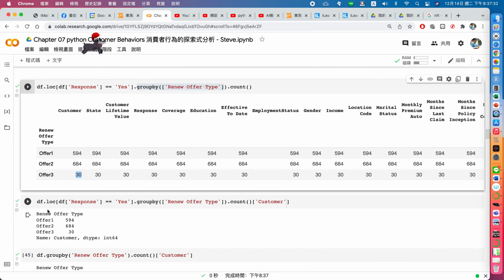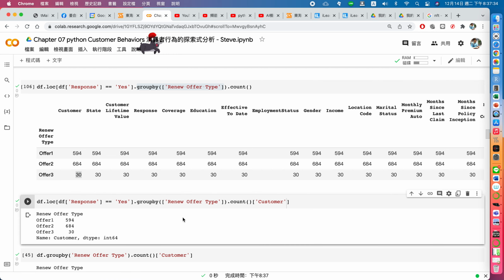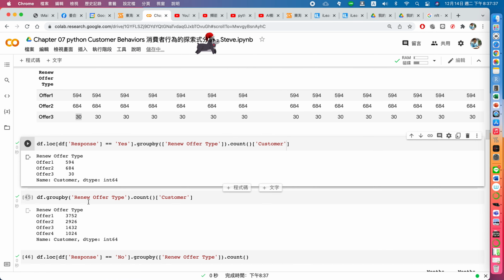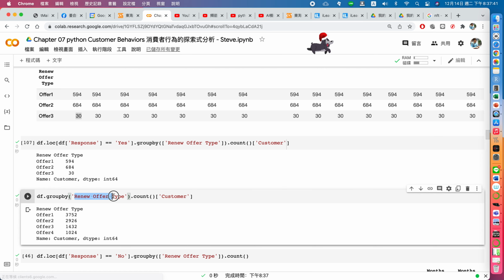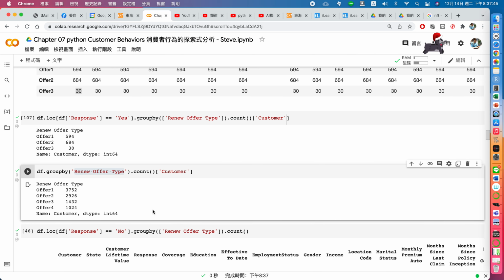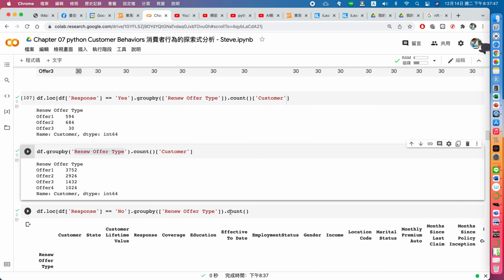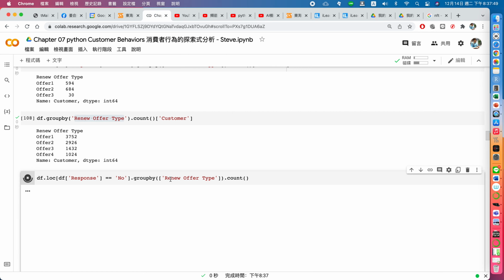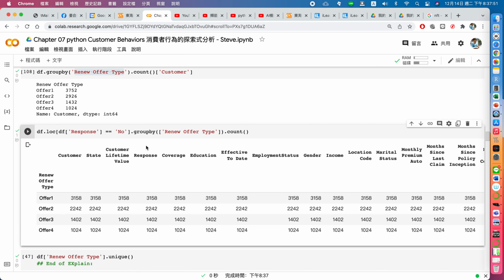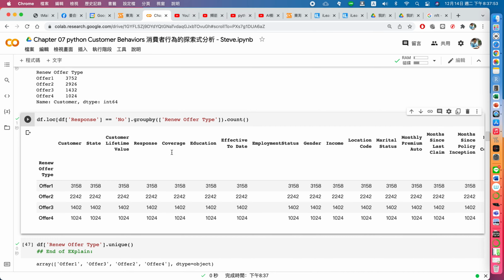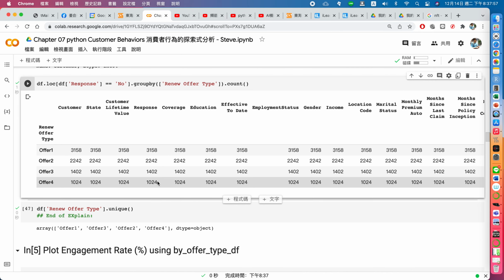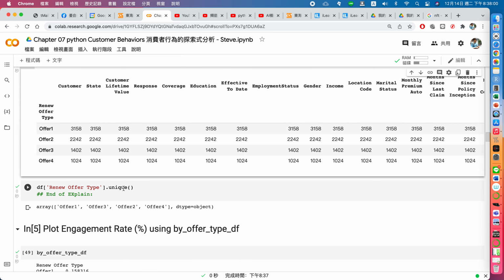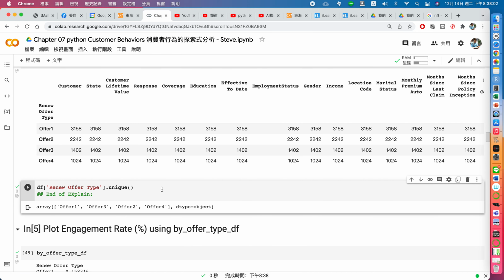And we have to slice, so we get the numbers. Here is the renew offer type for each one. And we divide by the count. Okay, here is for the no statements, renew offer type.